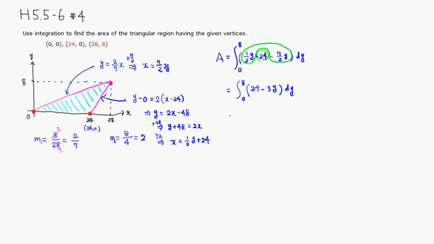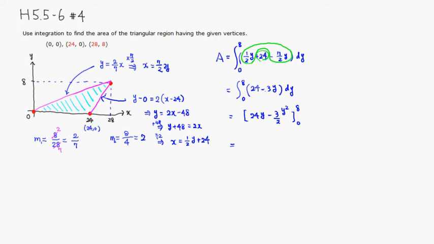Then take the antiderivative of 24, you get 24y, and the antiderivative of negative 3y would be negative 3y squared divided by 2. Then you're going from 0 to 8.